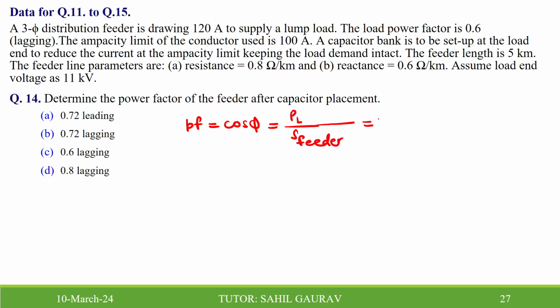So PL remains the same, 1371.78 kilowatt, and apparent power will be 1905 kVA. So it will give you 0.72 lagging. B is the correct answer.